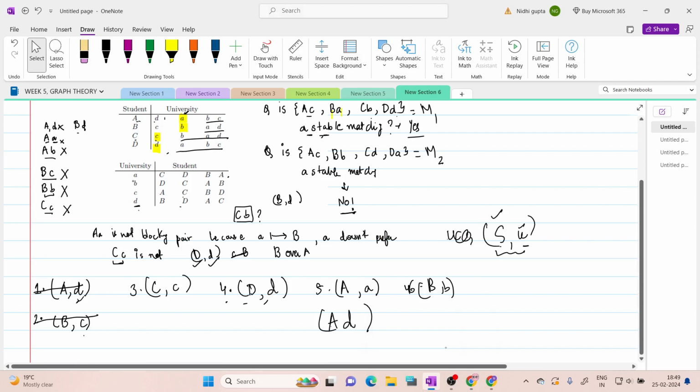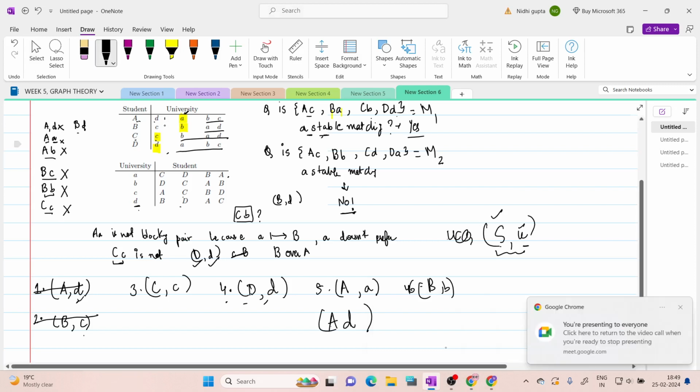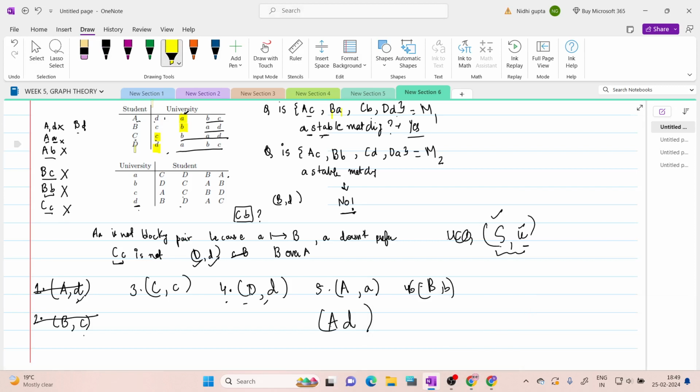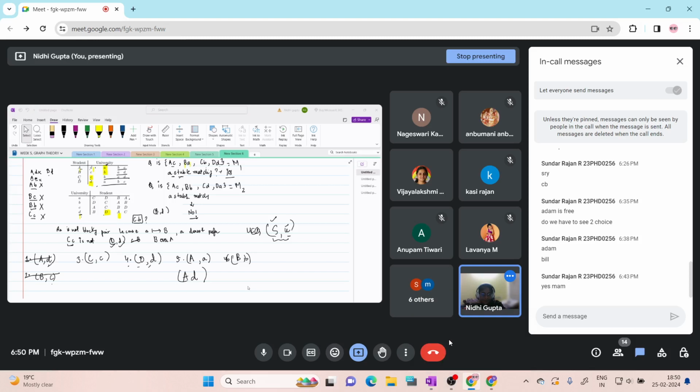A is certainly getting a better choice of university. But little d is getting university D. So A is becoming happy, but D won't be happier getting student A. Therefore, AD is not a blocking pair, right?